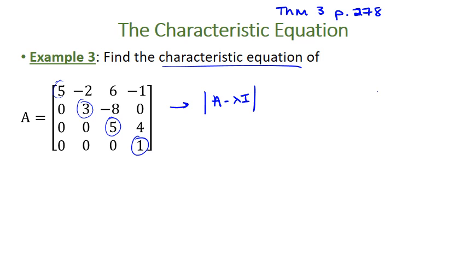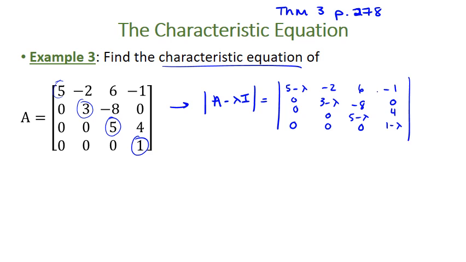You're going to take that minus lambda times I, so it's these diagonals minus lambda. So this is equal to 5 minus lambda, and I'm just going to go down the column, negative 2, 3 minus lambda, down the column, 5 minus lambda, and then 1 minus lambda.